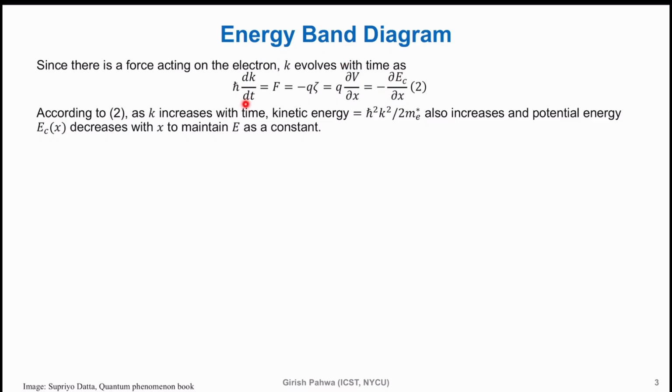True? There is a negative here, so there is an inverse correspondence. Whenever my potential energy is going down, and E_C is the potential energy, K is increasing, which means kinetic energy is increasing. If my potential energy is increasing, my kinetic energy will decrease.